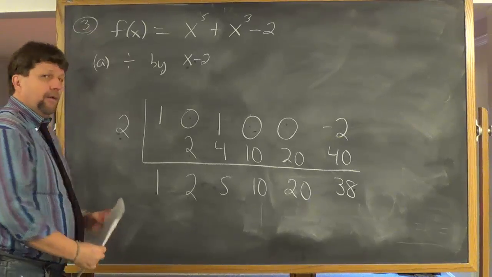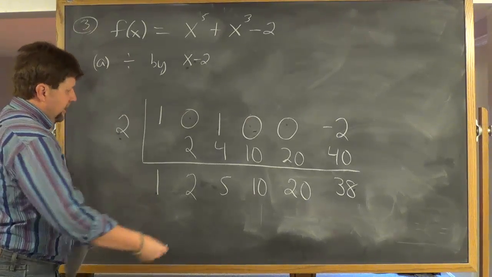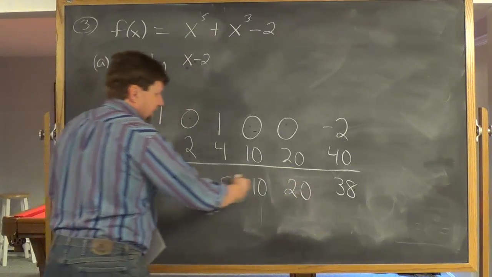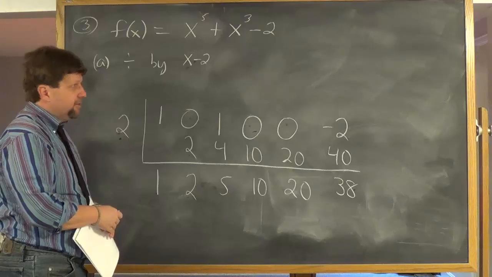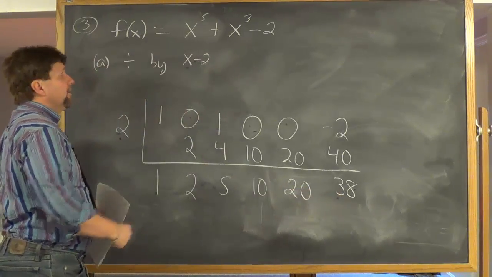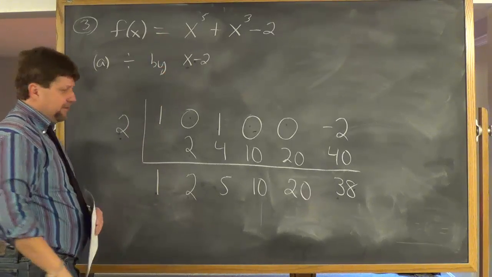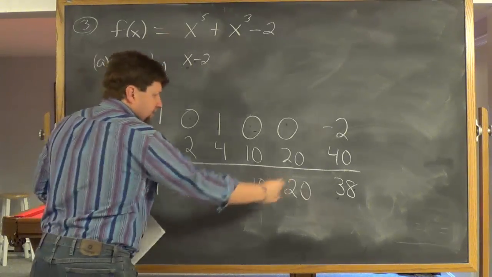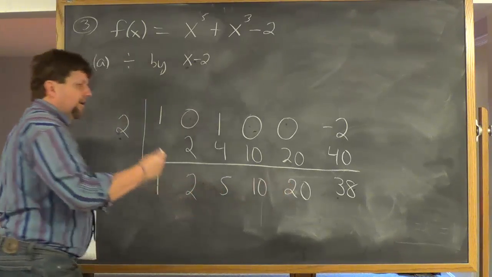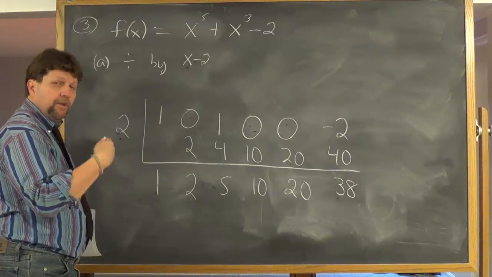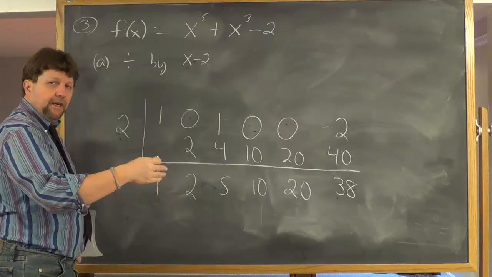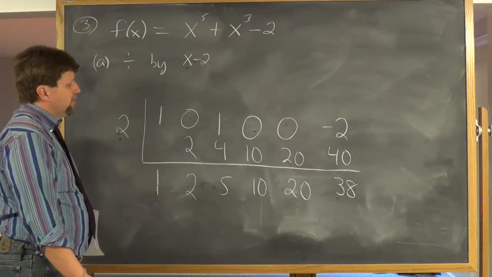What I want you to notice here is this tells you the quotient. This is the answer, if you will, when you do this division. And this is the remainder. Now these are the coefficients of the variables that will be in the quotient.